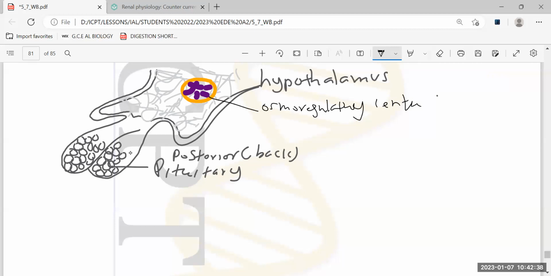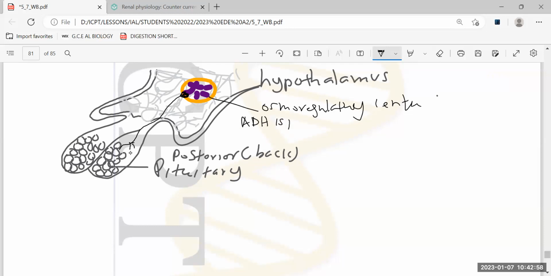The hypothalamus always communicates with the pituitary gland, and sometimes these neuron cells end up in the posterior pituitary gland. Now, the hormone ADH is a little bit special in this case.